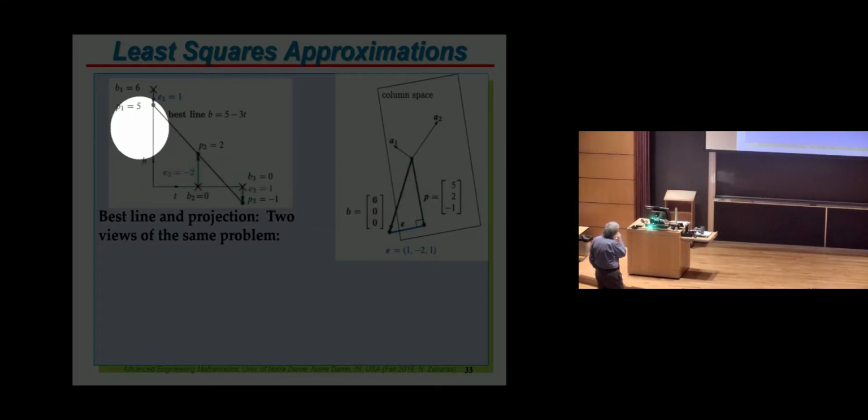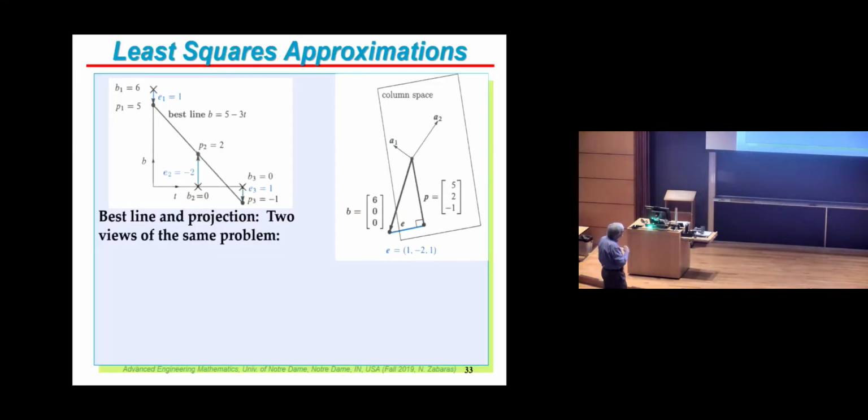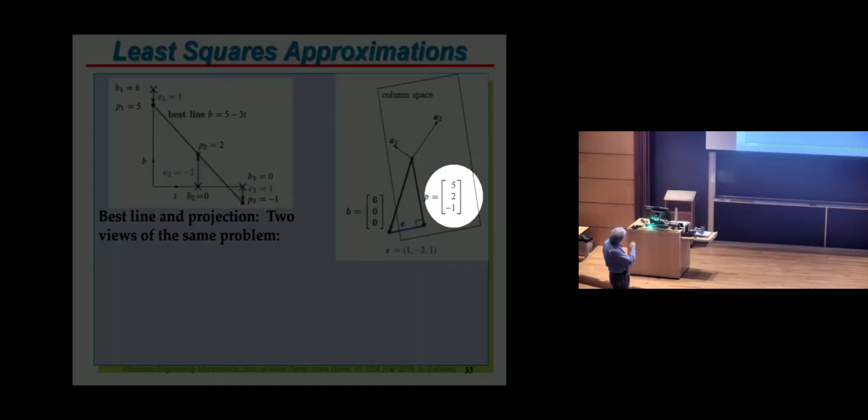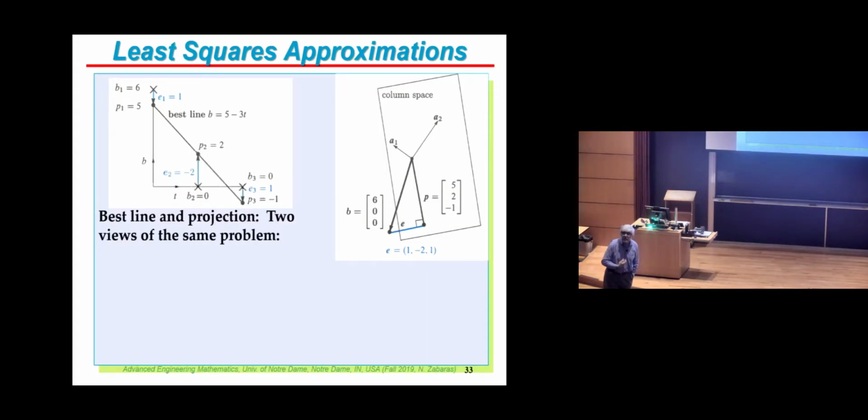The values computed there, 5, 2, and -1, are exactly the values of p that I computed by projecting b on the column space. Even though I don't see any column space on the left, those p's on the line at the given times are exactly these points. And the errors that you compute at each time where you had observations are exactly the ones that you computed from the projection.